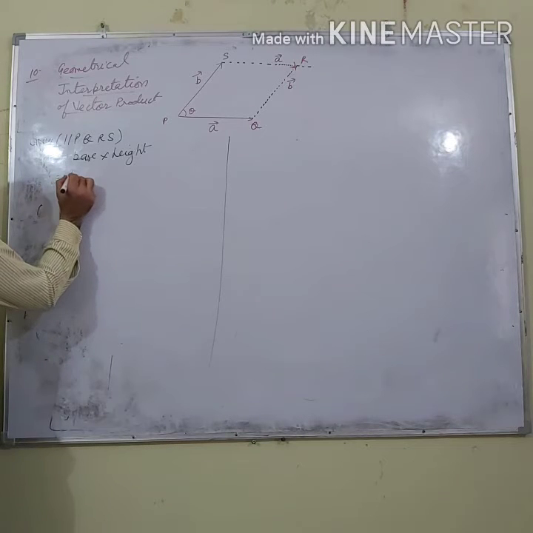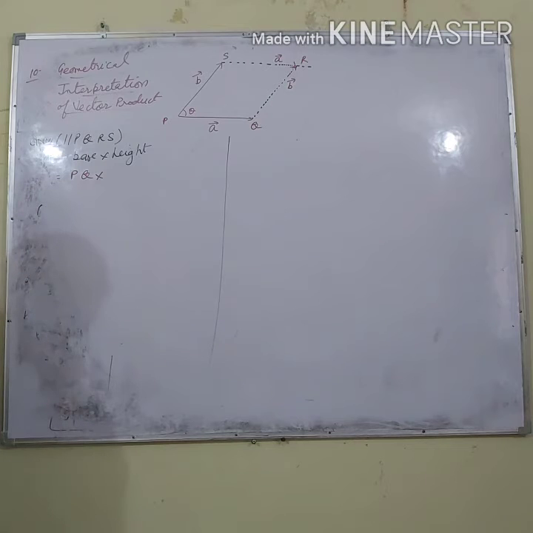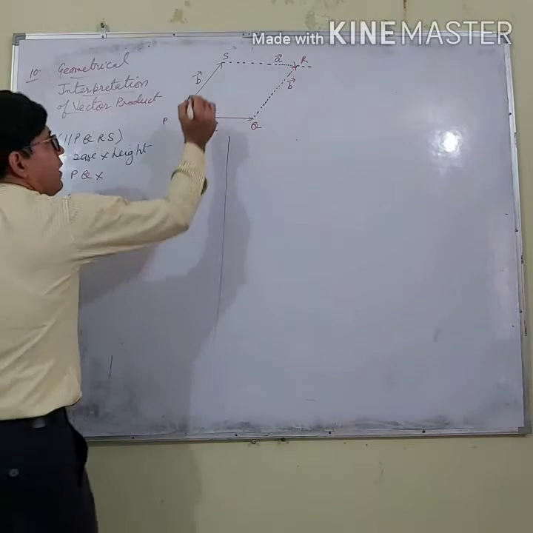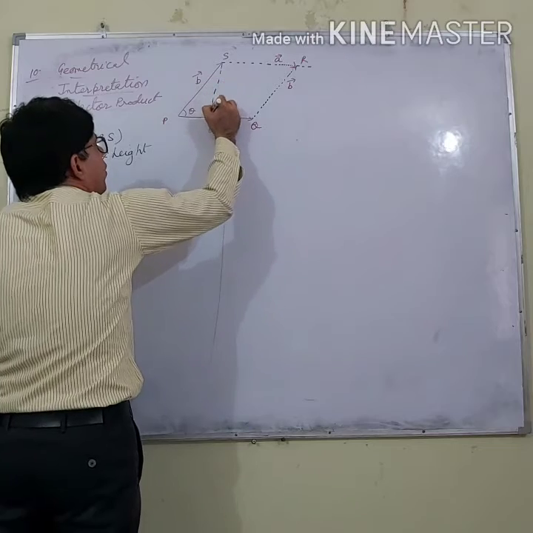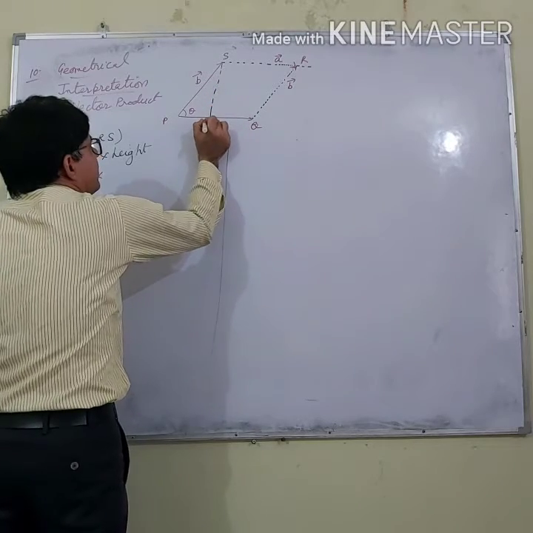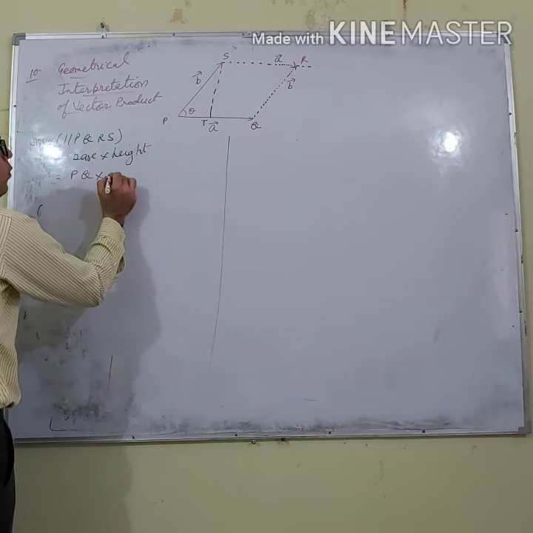What is the base? It is PQ, and what is the height? Here we don't have the height, so we will make it with some construction. Draw ST perpendicular to PQ.